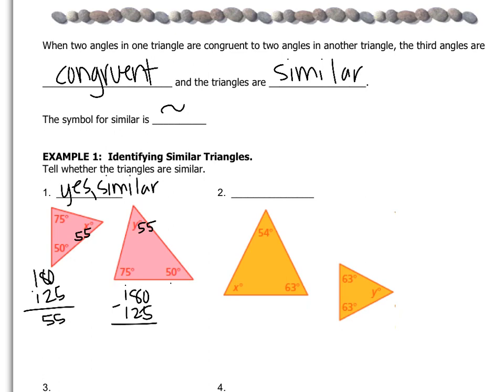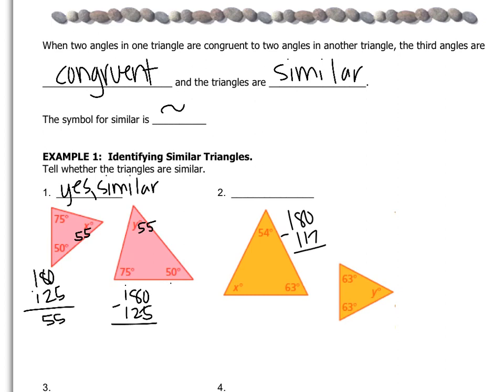All right, let's look at the next one. So in this triangle, we have 63 and a 54. And we have two 63s. So it doesn't necessarily mean that they're not similar, because this could be a 63 and this could be a 54, and then they're all the same. So you have to actually calculate it. So 63 and 54 is, I'm trying to do mental math, that is 117.